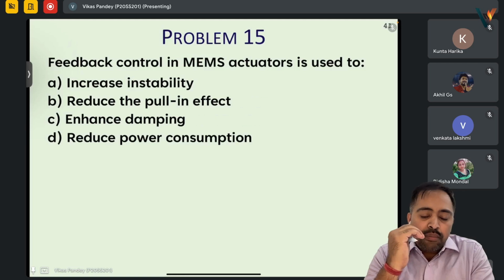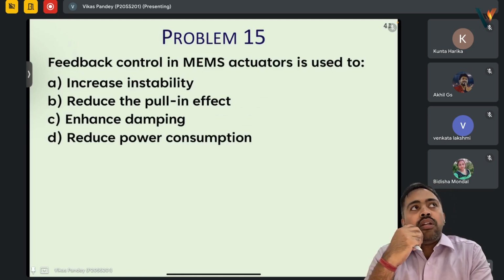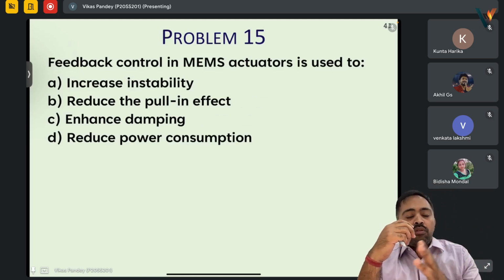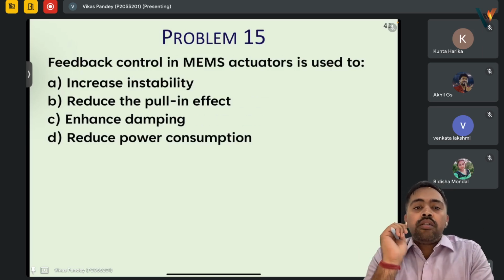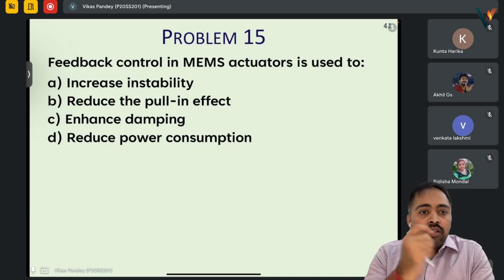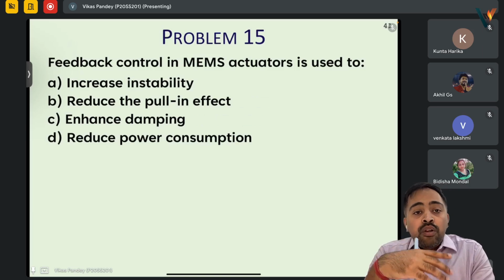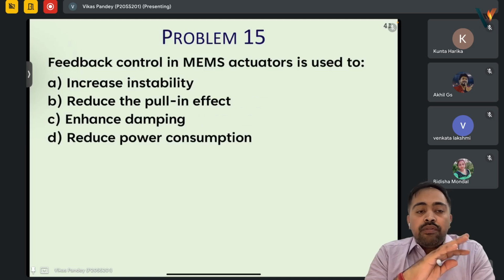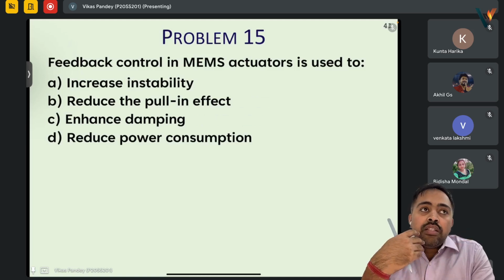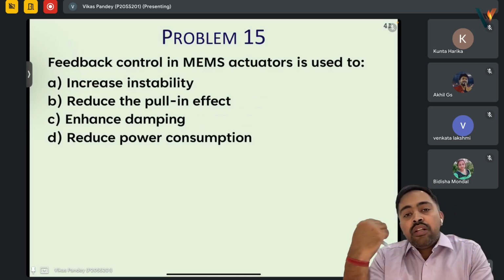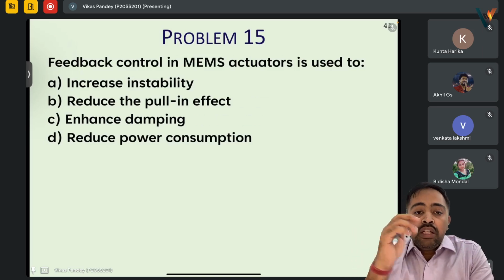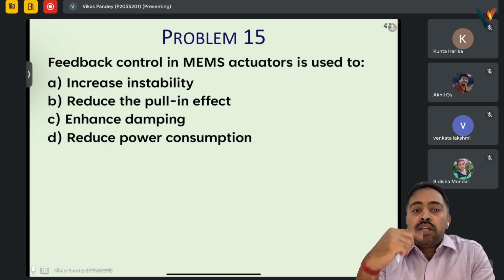Suppose that we wanted the movement of 20 microns to occur, did it occur or not? If it occurred, fine, no correction needed. But if it is not 20 micrometer, what is the difference? That means whether it is 18 or whether it is 22, 23, that part has to be corrected.